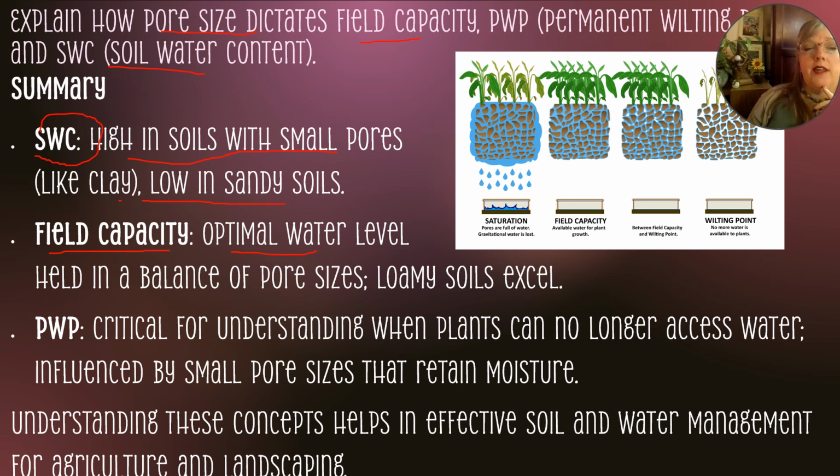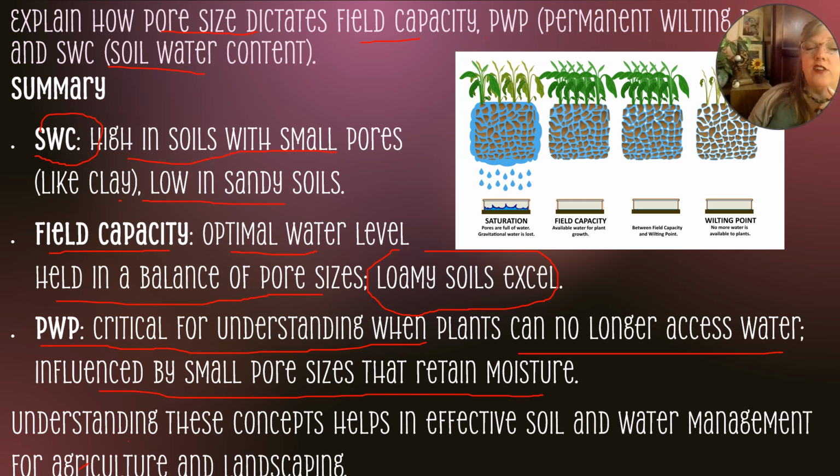The optimum water level is held in balance of the pore size, and loamy soils, of course, are the best. The permanent wilting point is critical for understanding when the plants can no longer access their water. They're influenced by small pore size that retain the moisture. Understanding these concepts will help effective soil water management for agriculture and landscaping, so you know how much water to give to your plants and when not to overdo it.